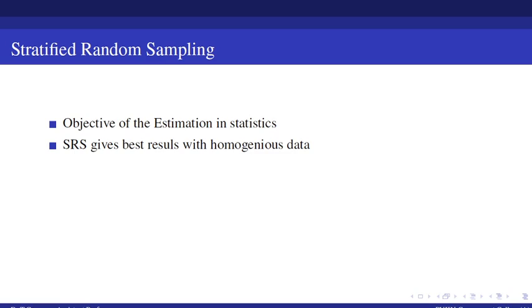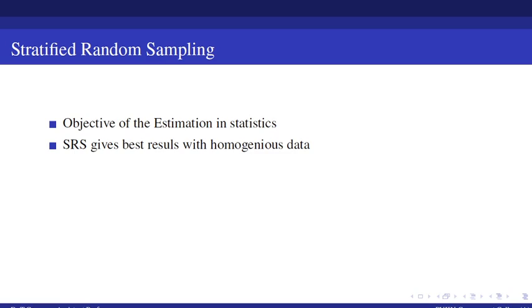Thus, if the population is homogeneous with respect to the characteristic under study, then the sample drawn through simple random sampling is expected to provide a representative sample.